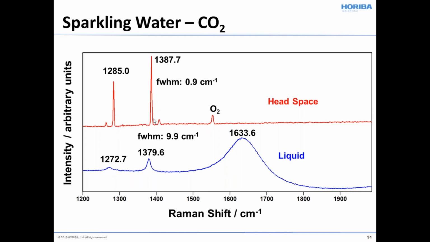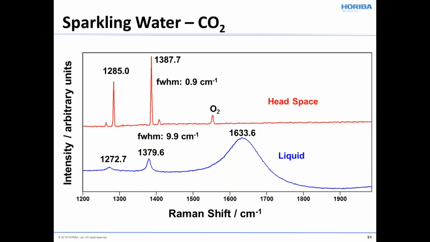Notice the shift here. You've basically got, what is this, like an 8 wave number shift and a broadening of this band because the CO2 is now in the water. And so same for the 1285 down to 1273 wave numbers. So now you have stronger molecular interactions of the CO2 with the water.